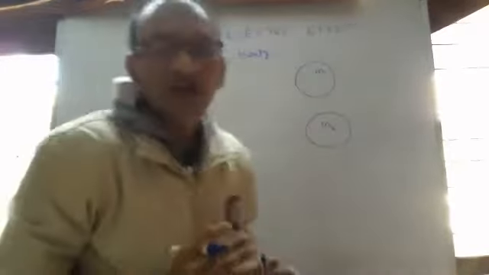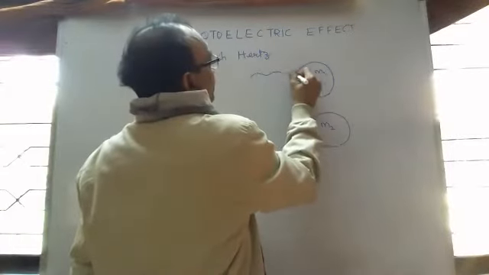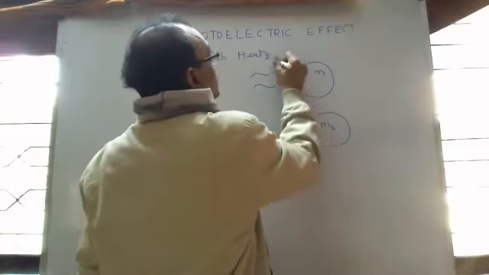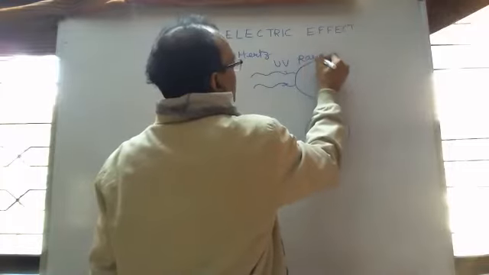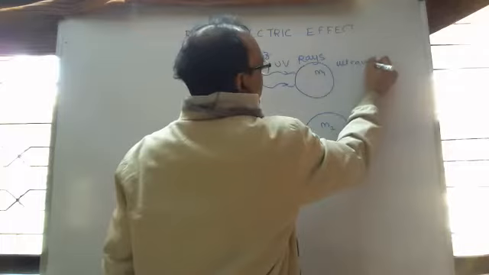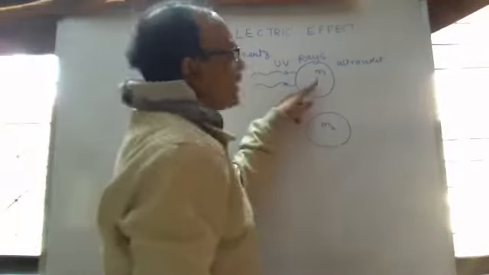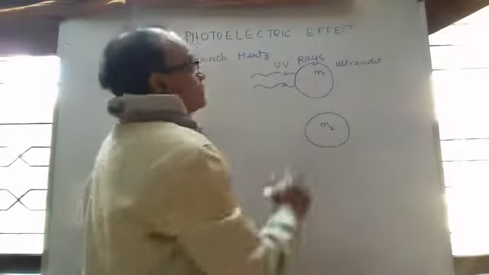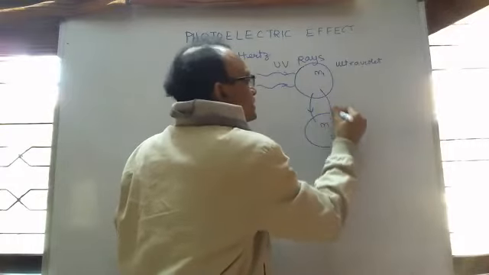And he suddenly found that when the electromagnetic wave, he was actually generating ultraviolet rays, UV rays, and he found that when one of the metals was struck with the ultraviolet rays, the spark between the two metallic spheres increased.